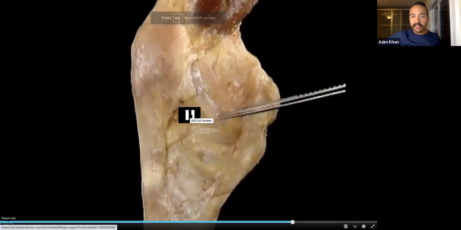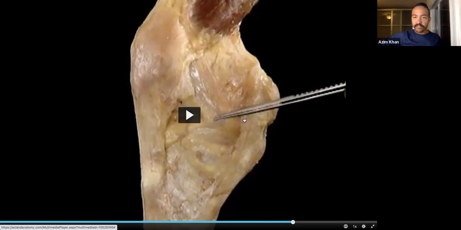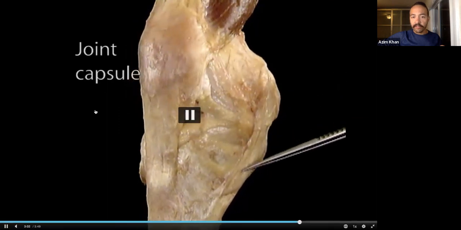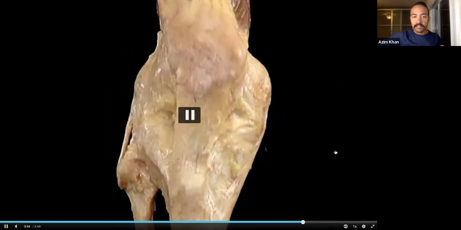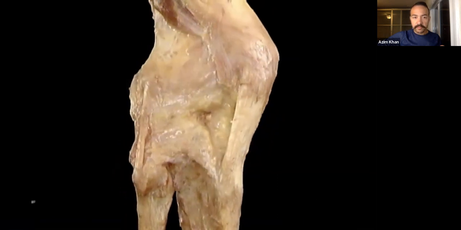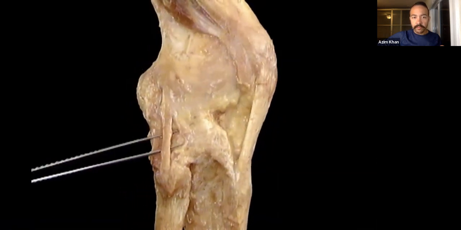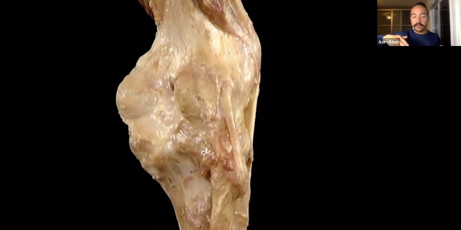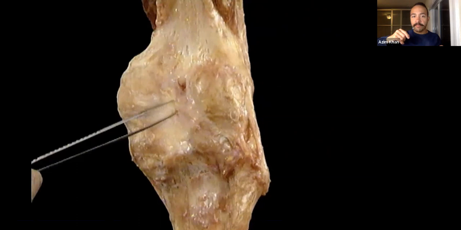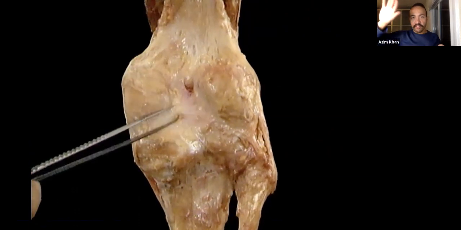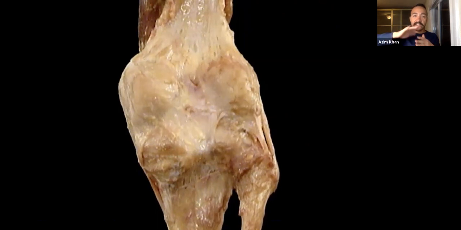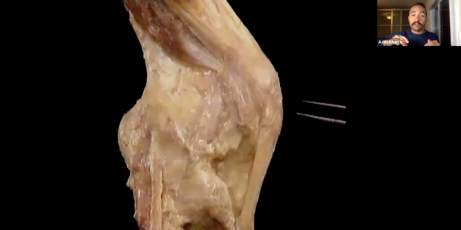What they're pulling at here with their tweezers, they're pulling at the joint capsule. They're pulling on the fibrous part of the joint capsule. Here's another view. Where they're touching, that's the joint capsule. What was outside of it is the ligament. More joint capsule here on the posterior side. So this is the fibrous outside. And you can see that it kind of limits how much the joint can move as well.